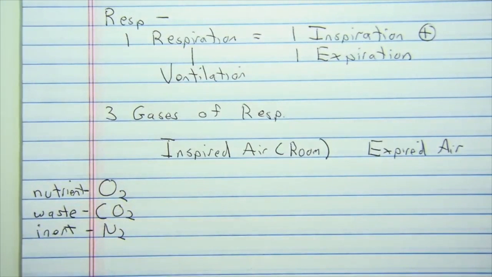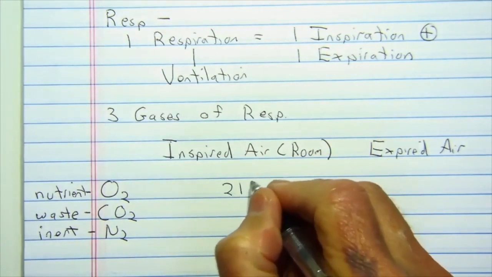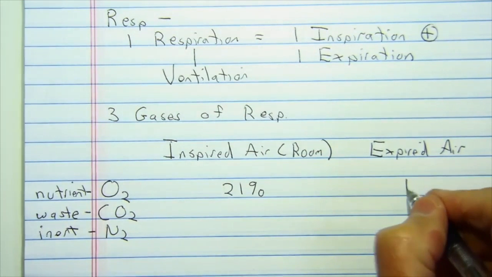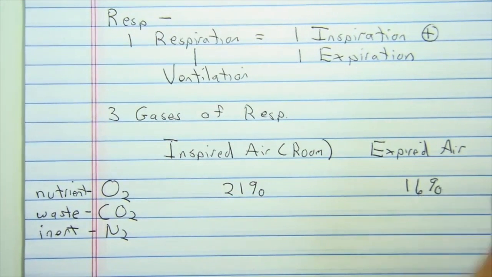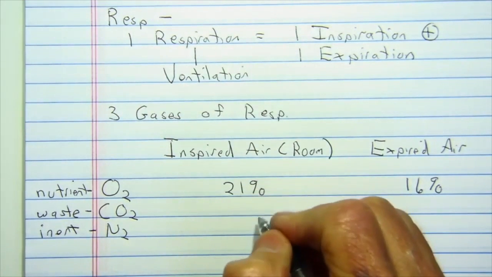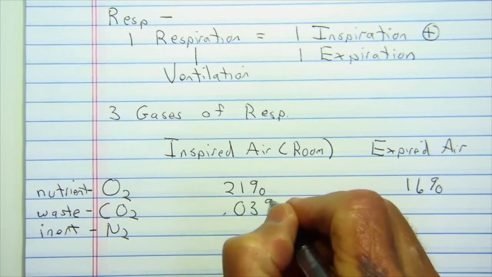In inspired air, we're going to bring in approximately 21% oxygen, and we're going to expire out approximately 16%. The waste gas, we're going to have approximately, in the ambient air of inspired air, approximately 0.03%.